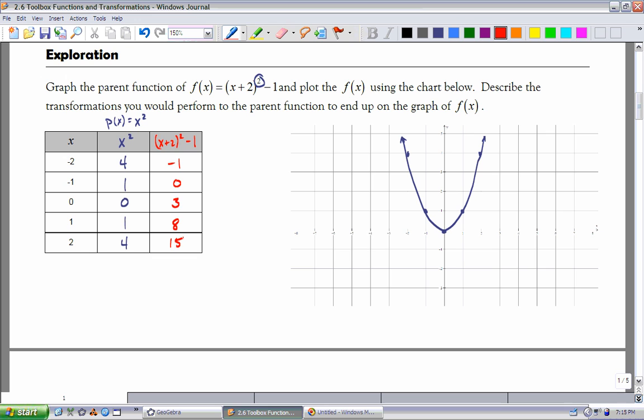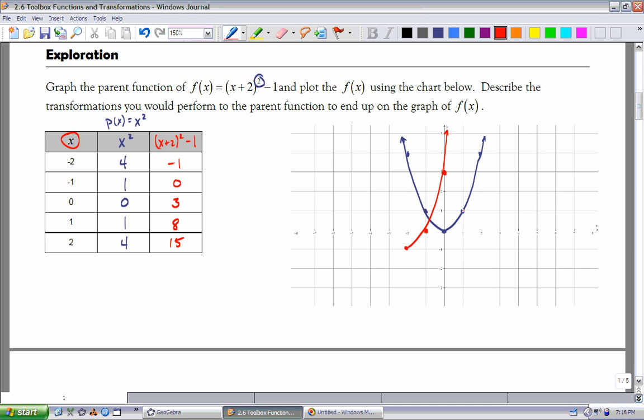Okay, some of these values clearly will not fit on our graph, but we can just take a look at it. So, at x equals -2, we get -1. At x equals -1, we get a 0. At x equals 0, we have a 3. And then after that, it's going to take off out of our graph.